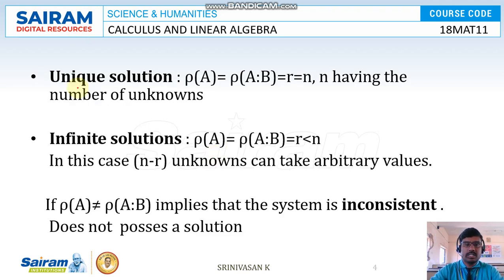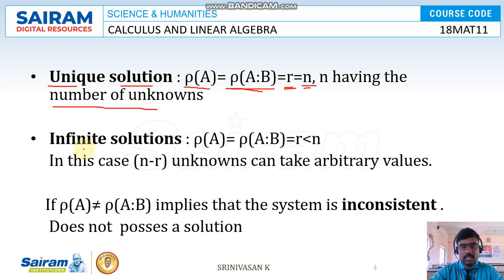The first is the unique solution. We get a unique solution if rank of A equal to rank of AB equal to R equal to N. Here R is the number of non-zero rows and N is the number of unknowns, that is, the number of variables. So if rank of A equal to rank of AB equal to R equal to N, we get a unique solution.